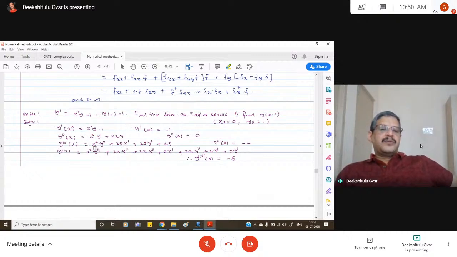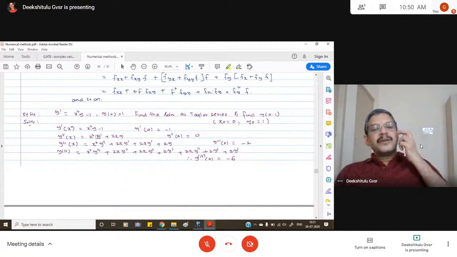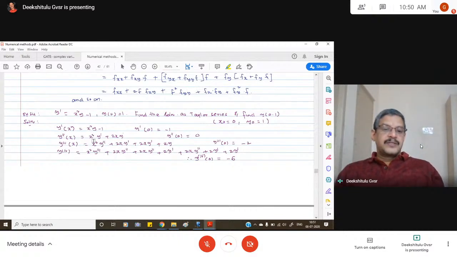So x square into y double dash plus 2x into y dash. That means first x square into the derivative of y double dash, then y dash into the derivative of x square, which is 2x, plus again in the same way 2x into the derivative of y dash plus y into the derivative of 2x, which is 2.